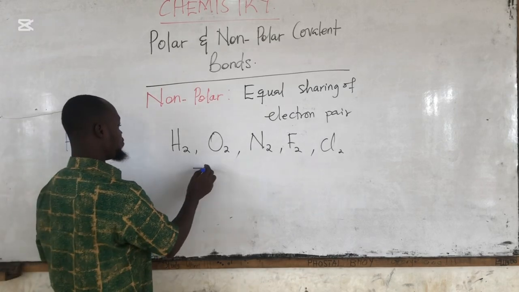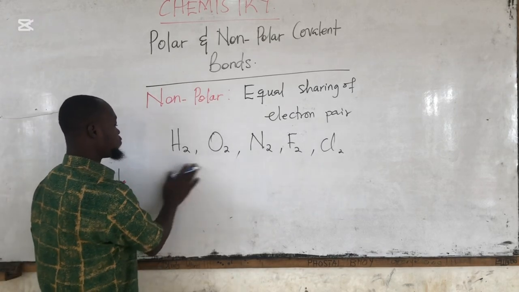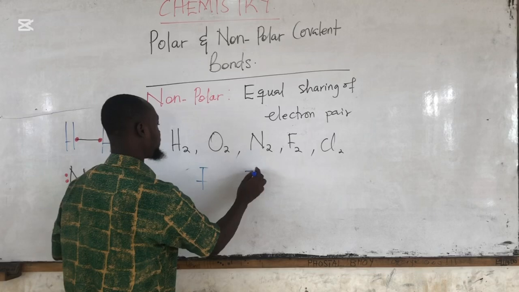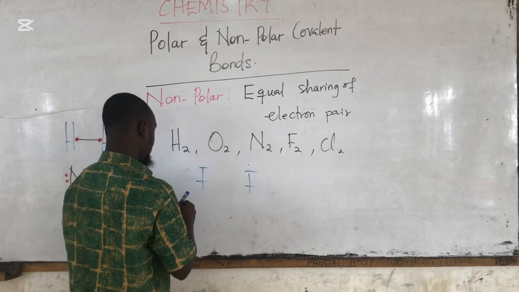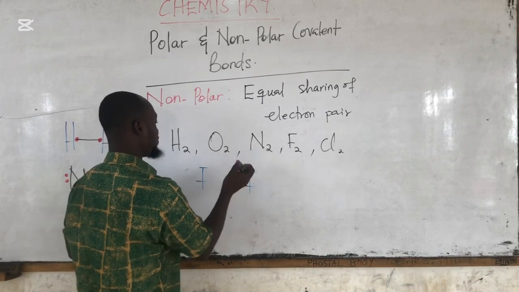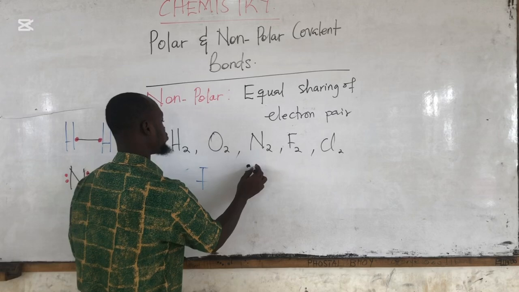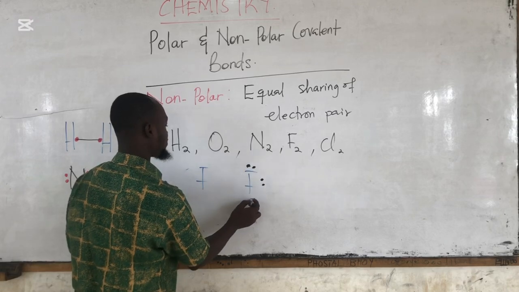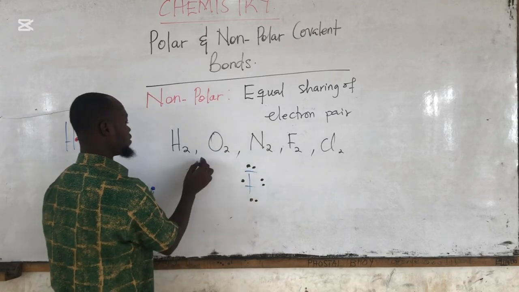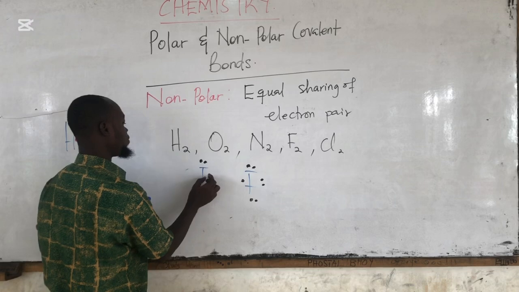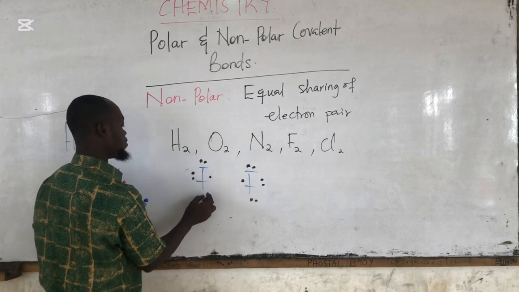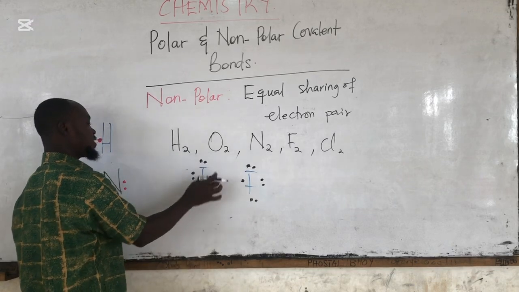Let's take F2. So in F2 we have two atoms of fluorine. Don't forget, each fluorine atom has 7 valence electrons. So 2, 4, 6, and then 7. So 2, 4, 6, 7.